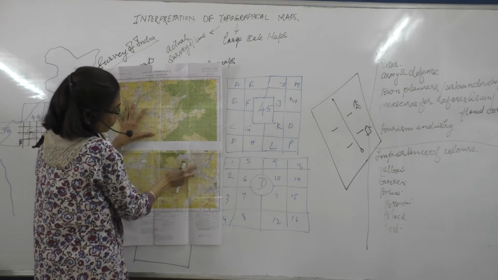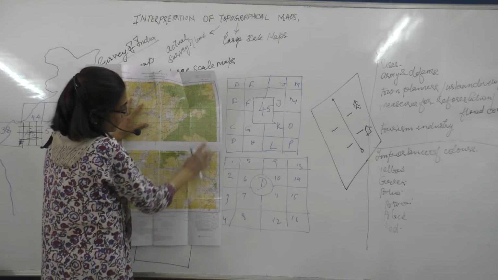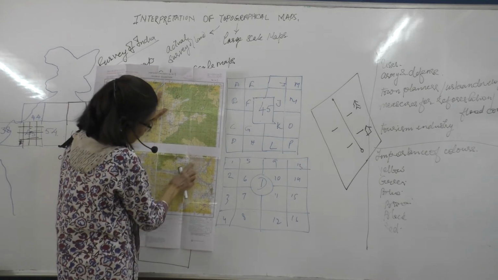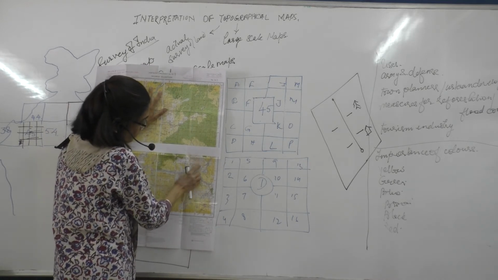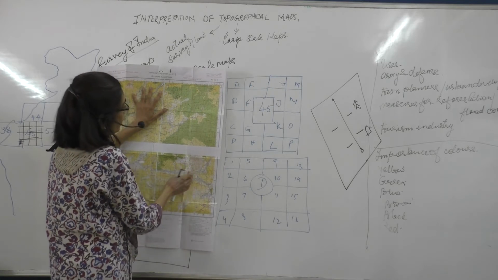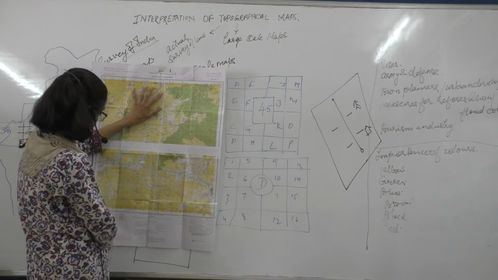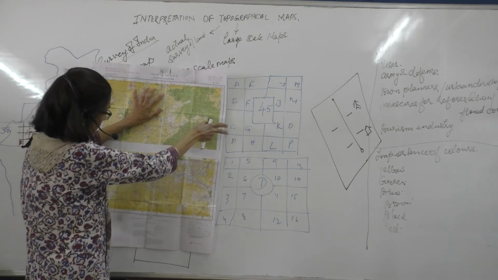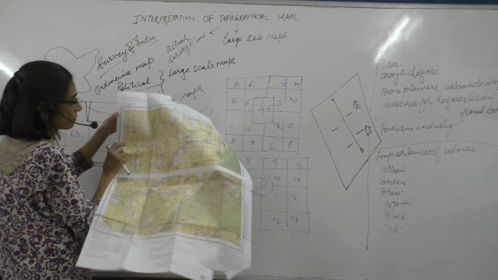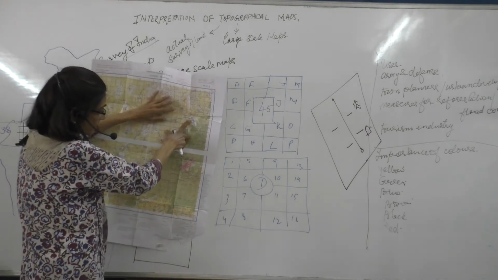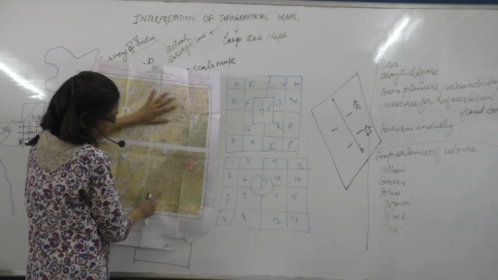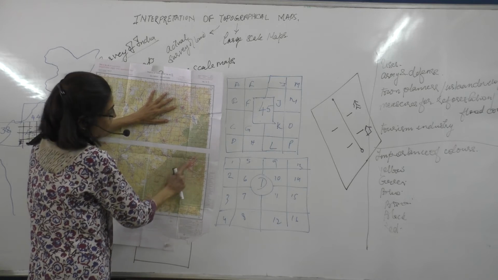A lot of brown lines indicate that this region is a hilly region. A lot of brown lines show that the region is a hilly region. So if you look at this, you get many of these sheets. You can see this entire region is mountainous with Mount Abu here.